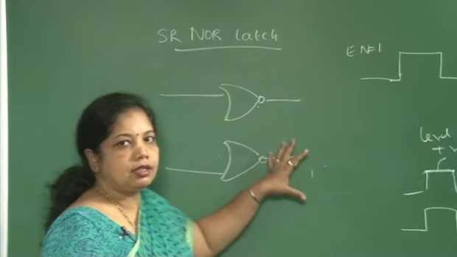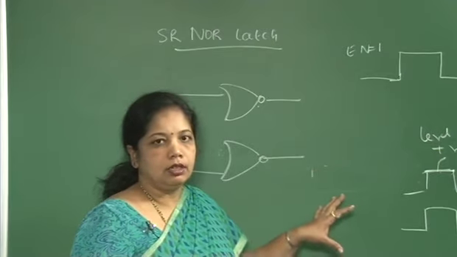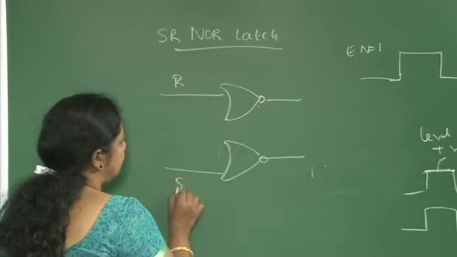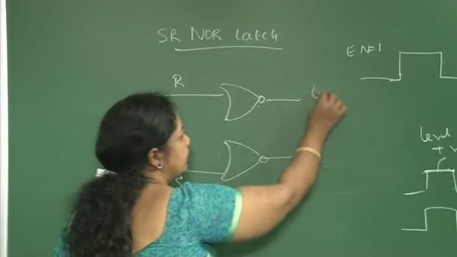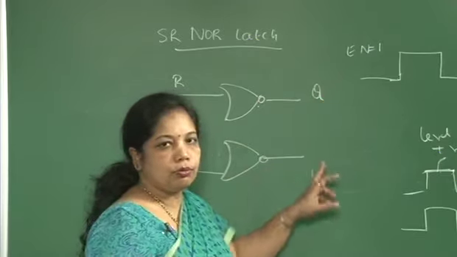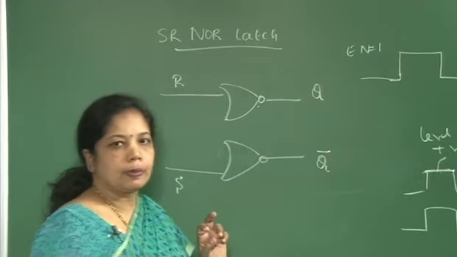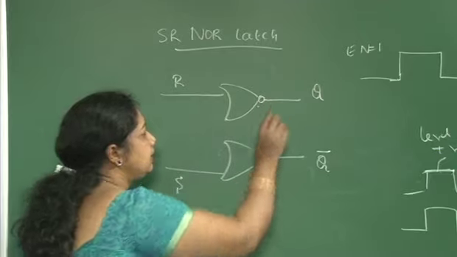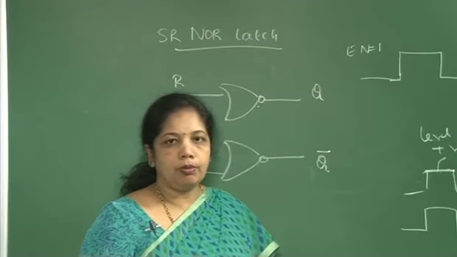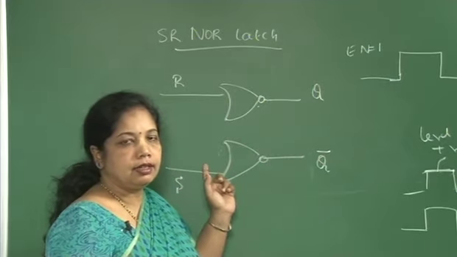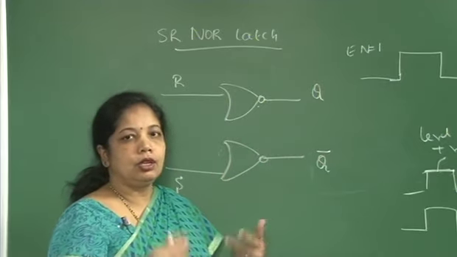So, let us discuss how this latch works. We have R, S, and as we know, two outputs, one normal and the other complemented. Always in a latch or a flip-flop, the output of the first upper gate is fed back as an input to the lower gate.